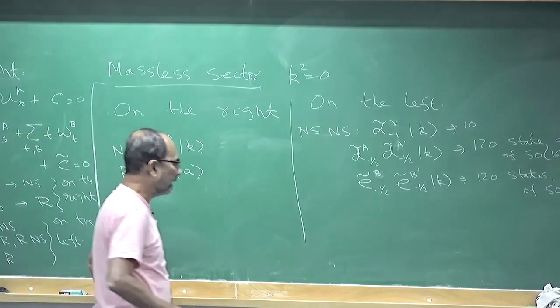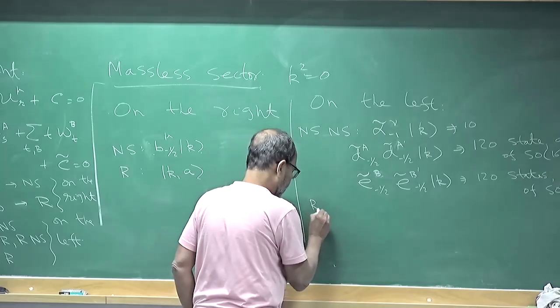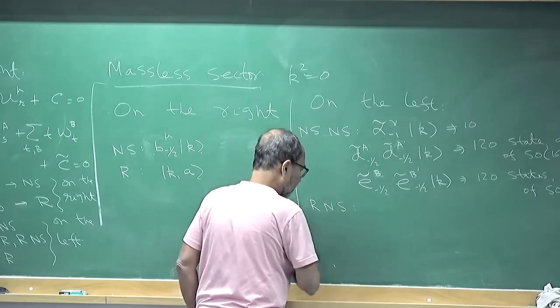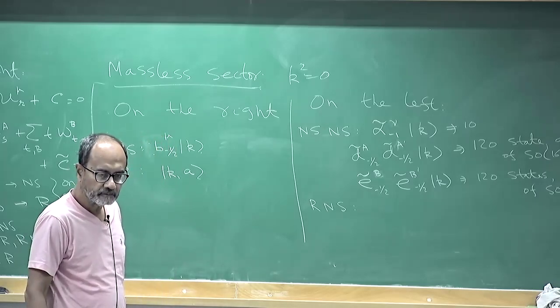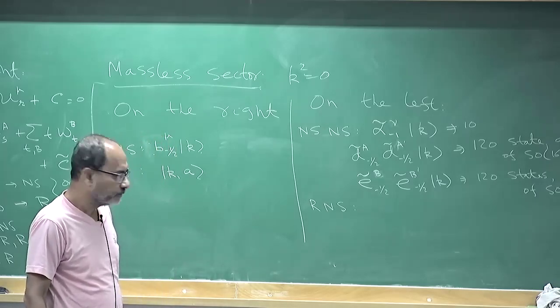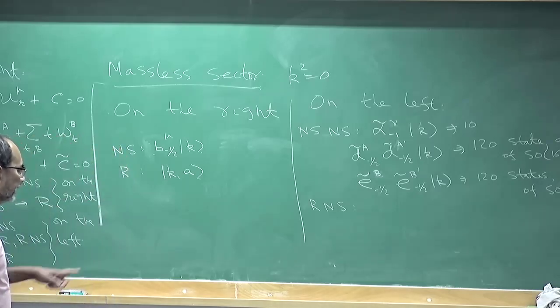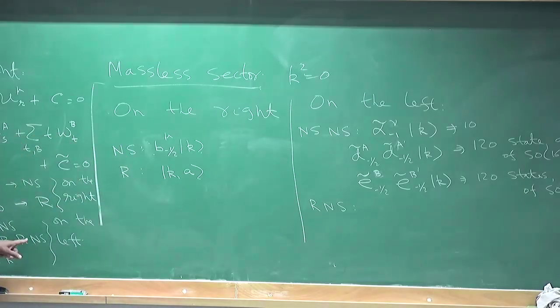Okay, let's look at RNS. In the RNS, C tilde is 0. So you cannot apply any oscillator if you want a massless state.